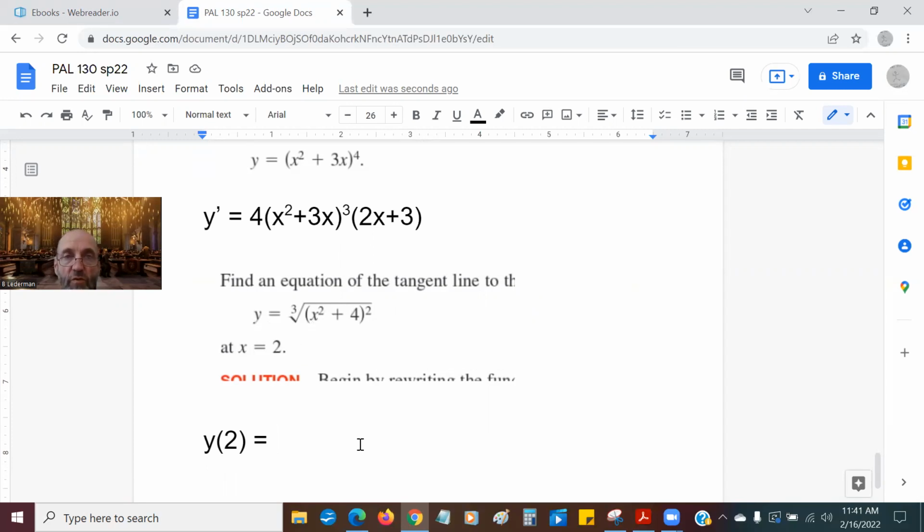So that's going to be equal to x squared plus 4, so 2 squared plus 4, and that's raised to the 2/3 power. And that's equal to 8 to the 2/3 power.